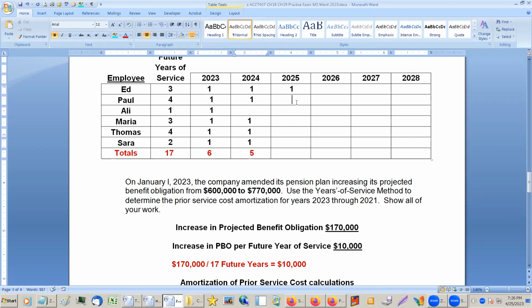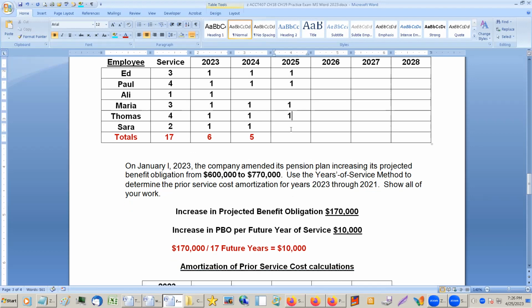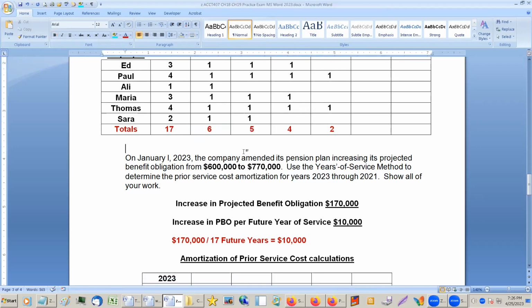Three years out, Ed, Paul, well, he's still retired. Maria still there. Tom is still there. Sarah is no longer there. Ed's not there. Paul's there. Thomas is there. Does that add up to 17? 11 and 6, it does.